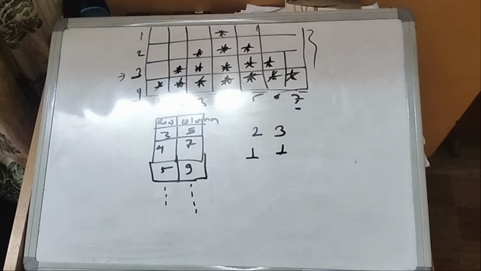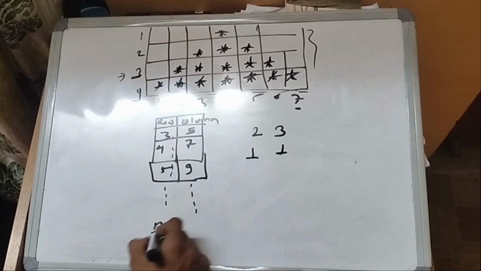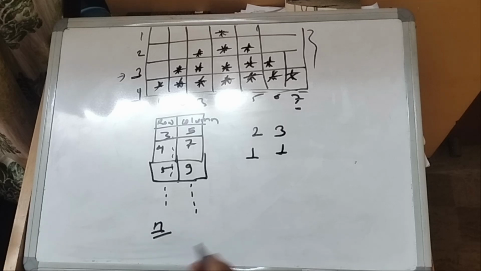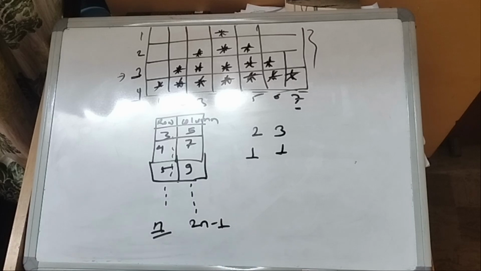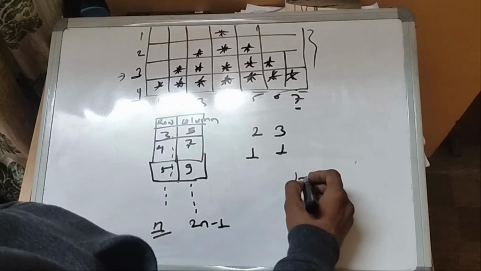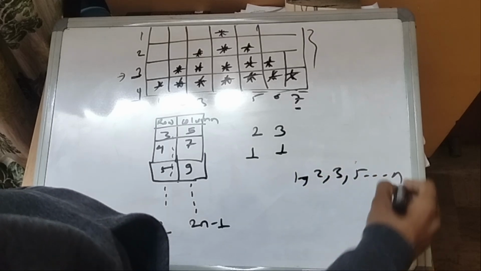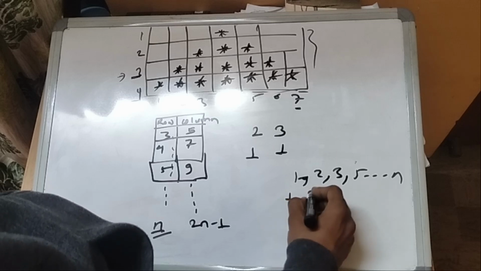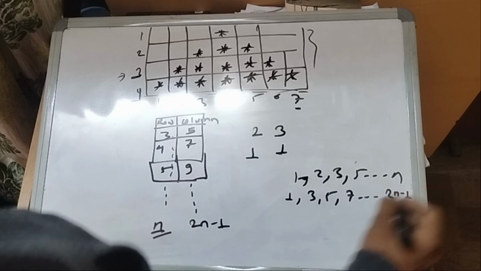So once you recognize that, what you can say is there are n number of rows. I mean, for n number of rows, how many columns would you require? 2n minus 1, that you have studied in sequence and series. So 1, 2, 3, 4 means nth term, and 1, 3, 5, 7 means 2n minus 1th term, right?